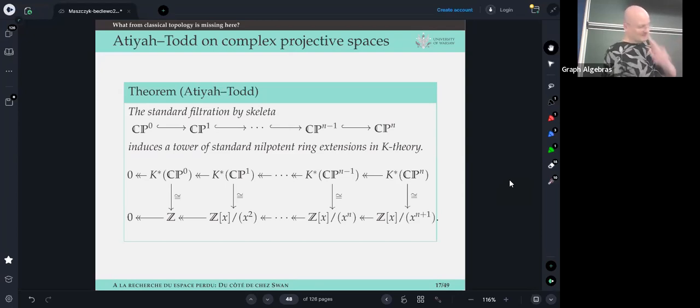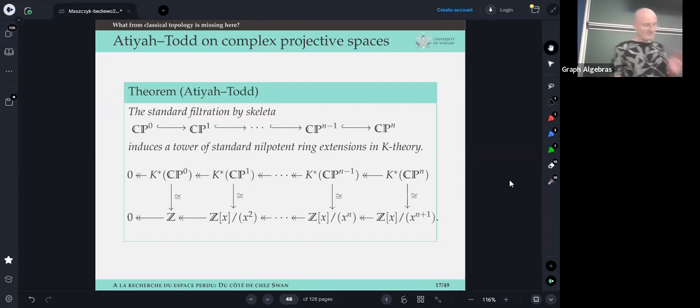It's about the standard filtration by skeleton, by hyperplanes in the complex projective space. On the level of K-theory, it induces a tower of standard nilpotent ring extensions. Okay? The K-theory of every skeleton can be identified with the ring of truncated polynomials.